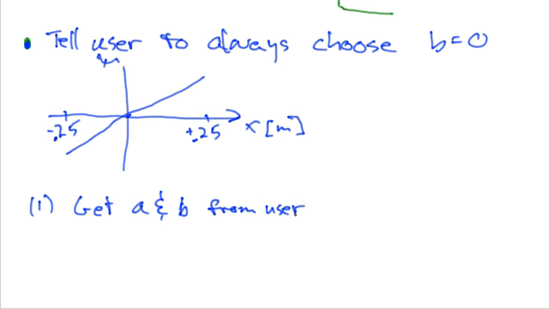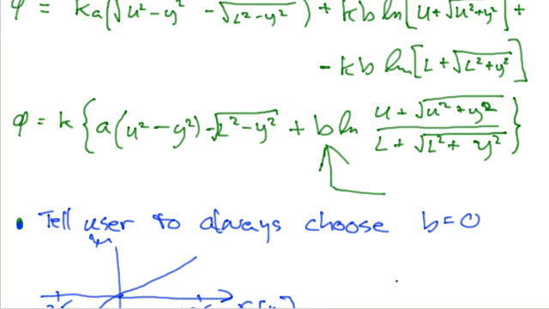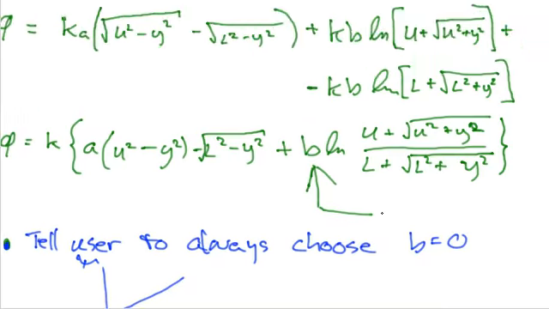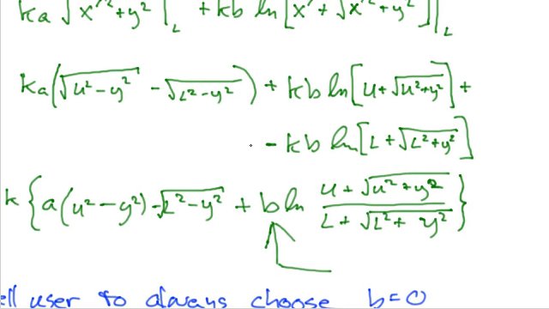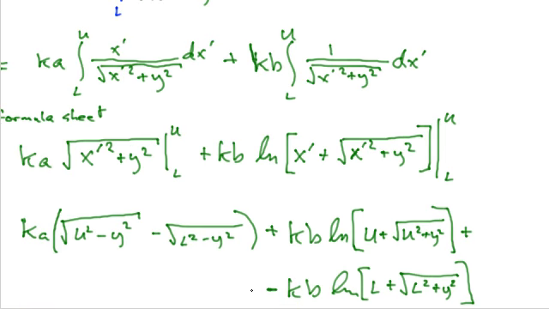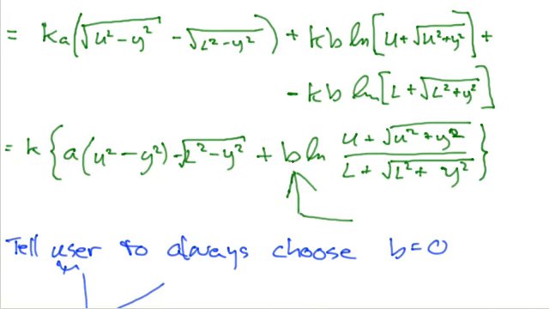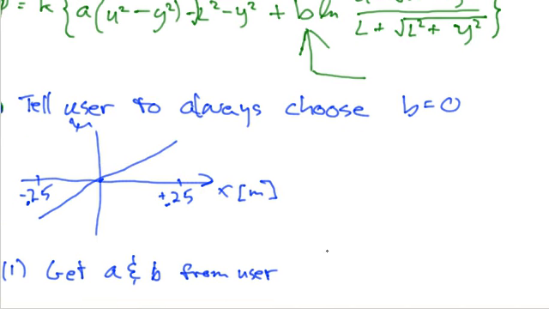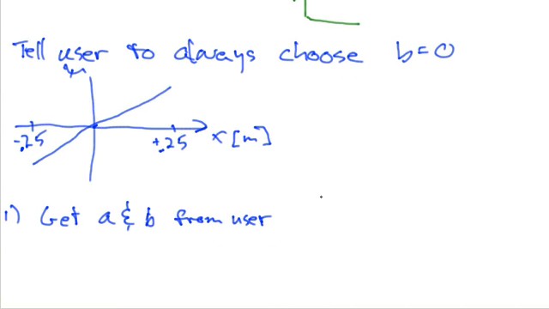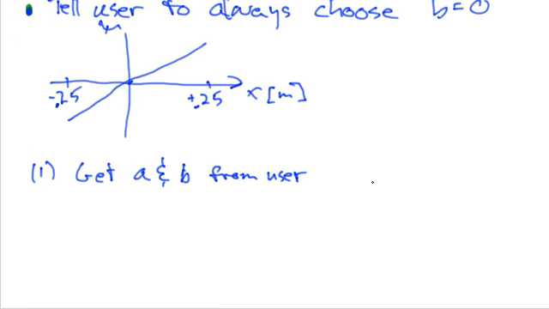I guess maybe I think I'll use the whole expression. The user can put in any value b they want, and then it won't matter if I just leave all these pieces off. Is that a good idea? No. I think I actually will write a message to the user.